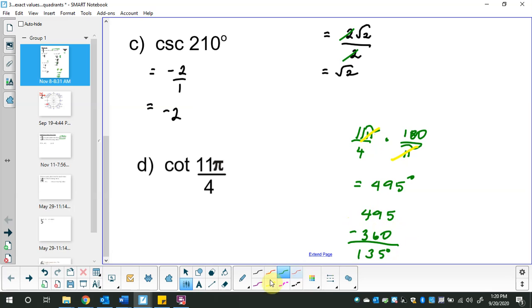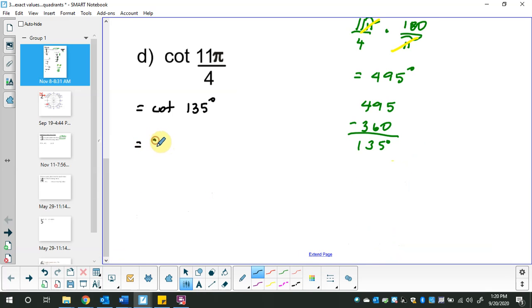But 135 is. Cotangent is not, so you need to dig out your quotient identity to replace it, and then find your values.